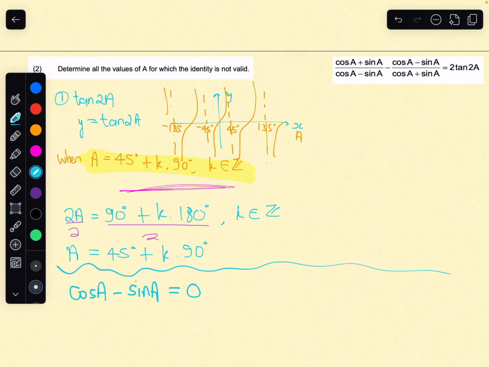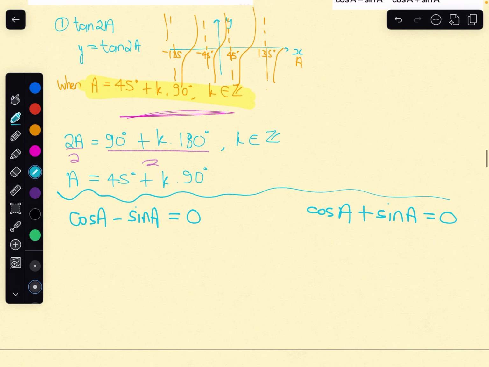So the identity will be invalid if this denominator is equal to 0, because we don't want to divide by 0, and also if the other denominator is equal to 0. So let's solve these equations.